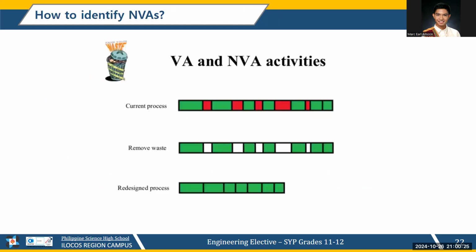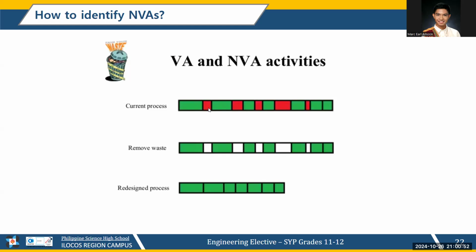So looking at it visually, if this is your current process, which involves green and red steps. Ang ibig sabihin nito, green is for VA activities, activities that add value to your entire process. And this red right here are your wastes or the NVA.